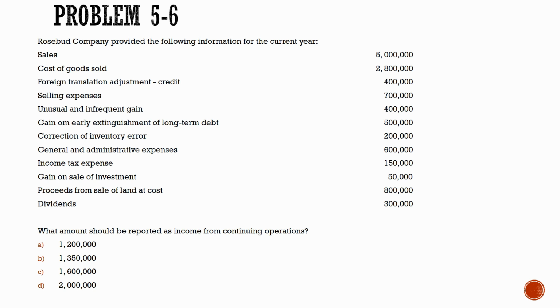So, ang hinahanap po sa problem na ito ay katulad lang din ng problem 5-5, income from continuing operation. So, Rosebud Company provided the following information for the current year.